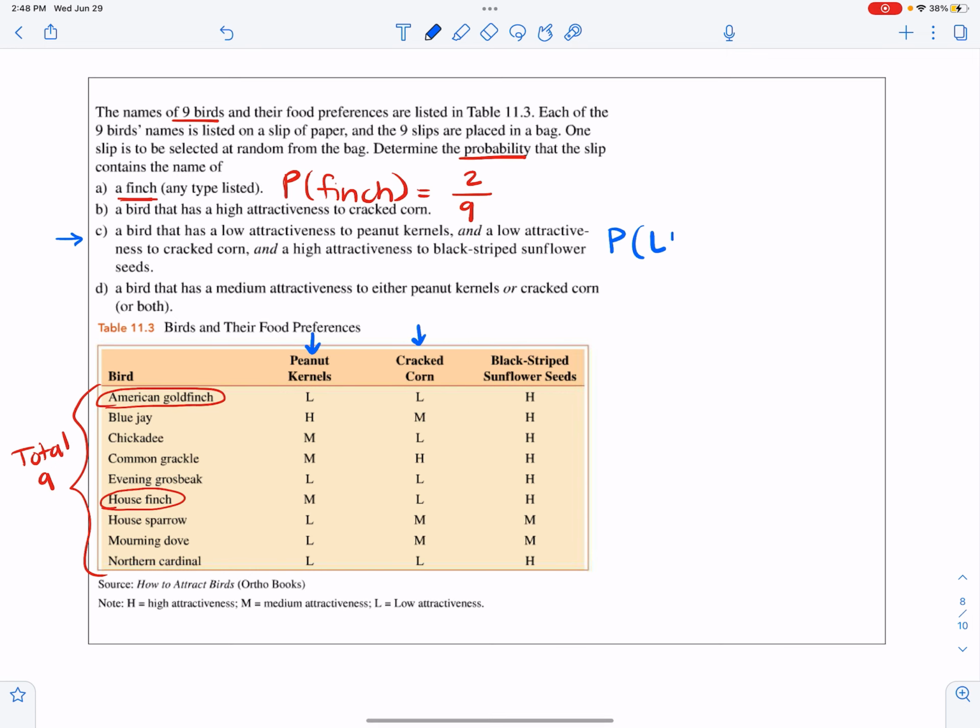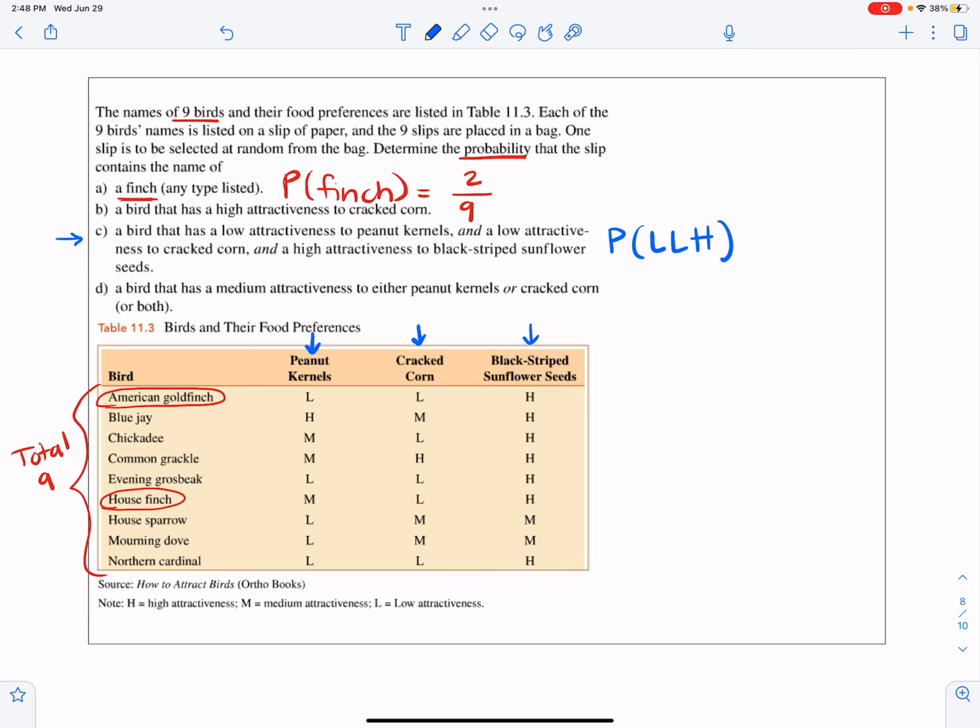So here it's going to have a low. And a high attractiveness to the sunflower seeds.